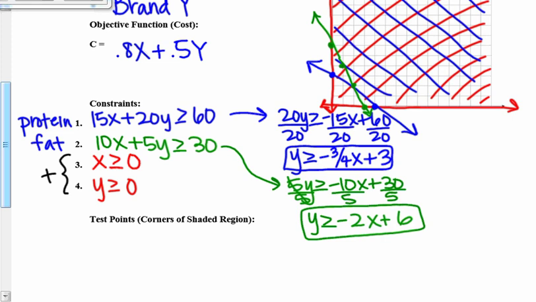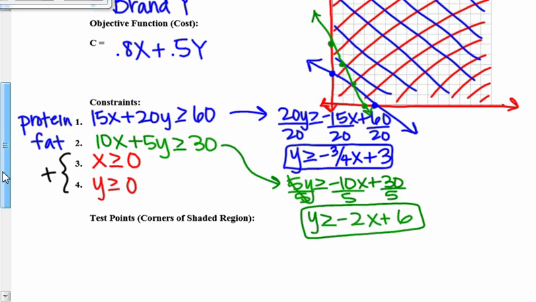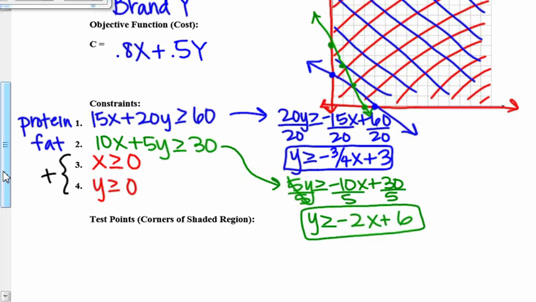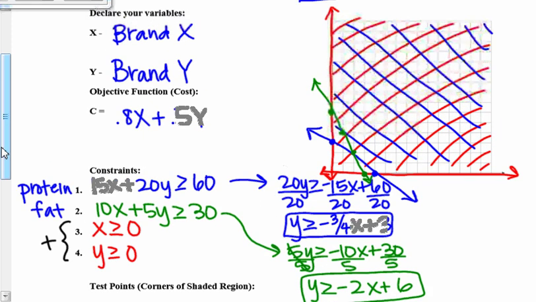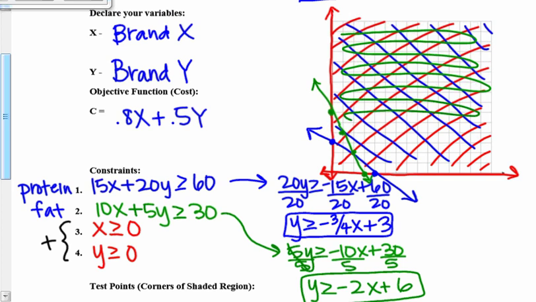All right. Now, the bad thing about this is that, well, let's do my shading first. Y is greater than or equal to, so bigger than. So anything above that line. All right, let's see if I can point out where I've shaded all of them. Basically everything from here to here to here, all the way over.